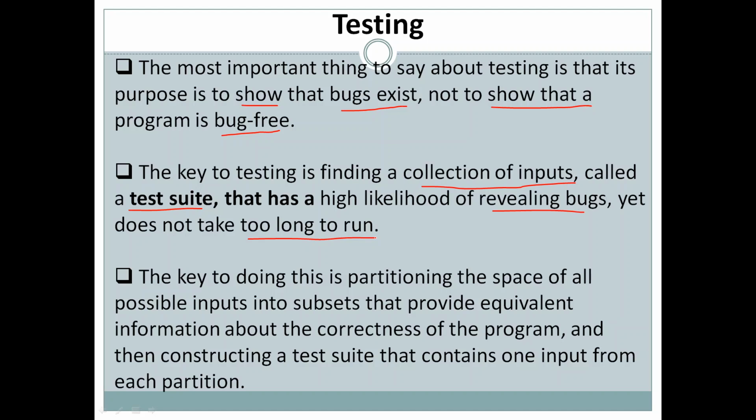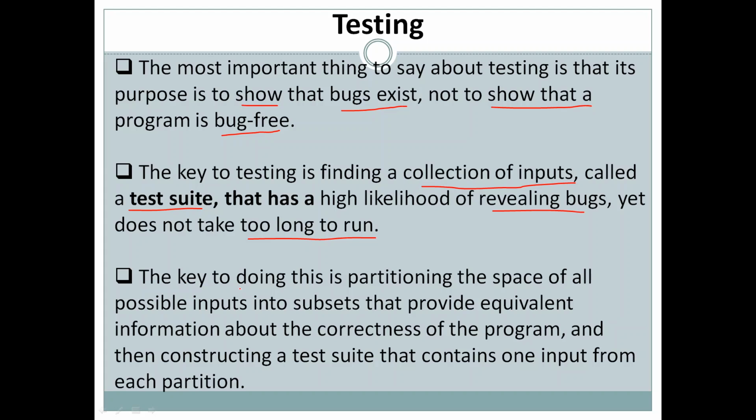The main key to testing is to find the different sets of inputs, which is called a test suite, to test our program. And while designing these different sets of inputs, we need to see that it has a high likelihood of revealing bugs, and it should not take much time to run as well.